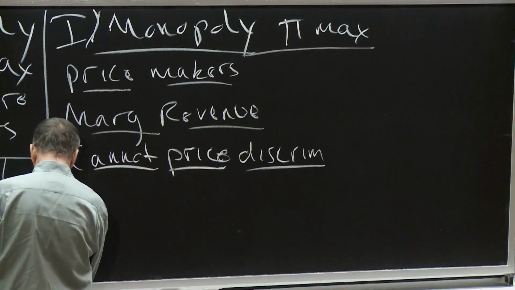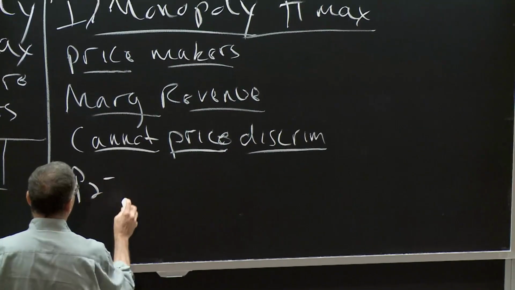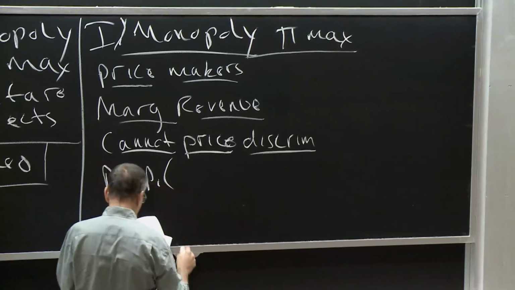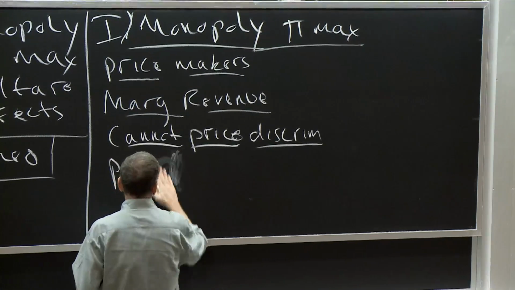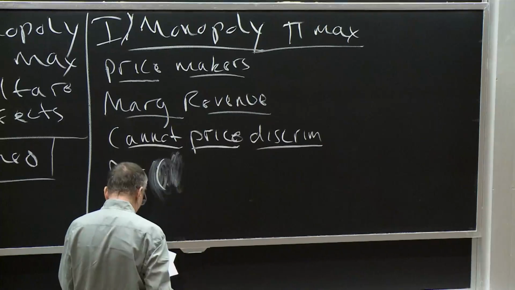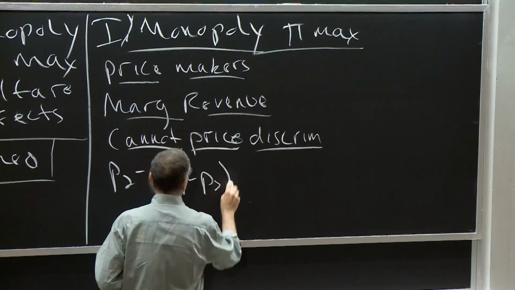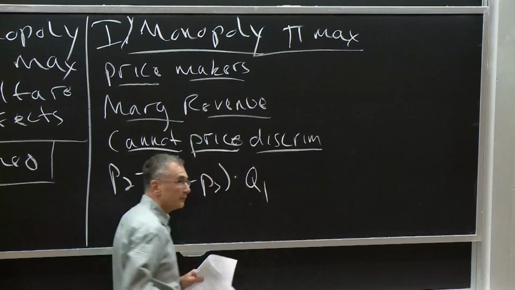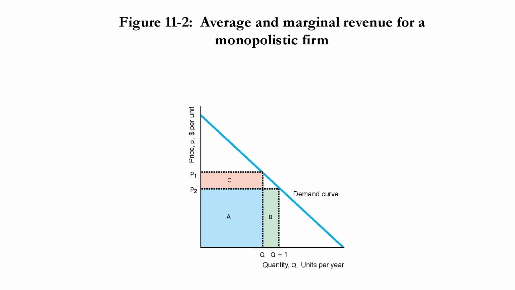The monopolist gets P2 times one more unit, minus P1 minus P2 times Q1. The monopolist gets some money from selling an additional unit, but loses some money because it had to lower the price on all its previous units.